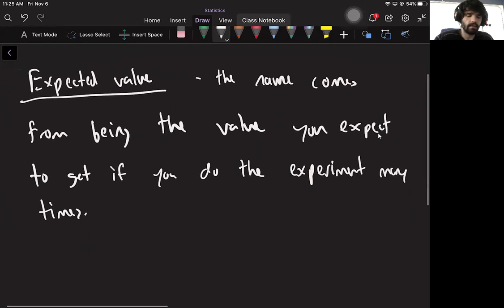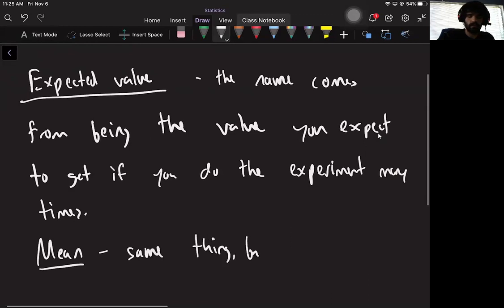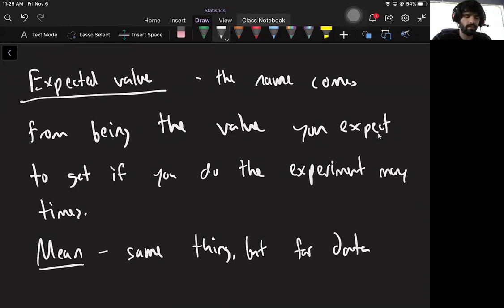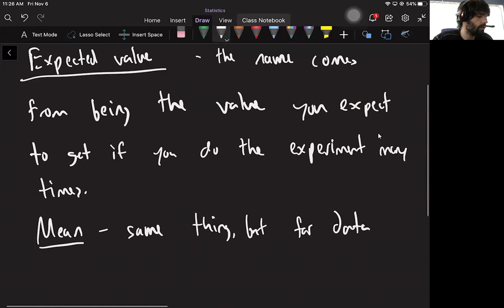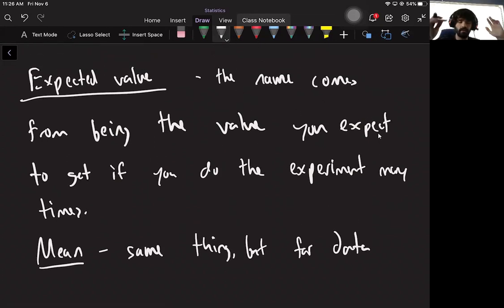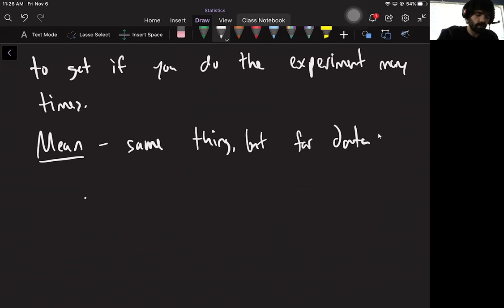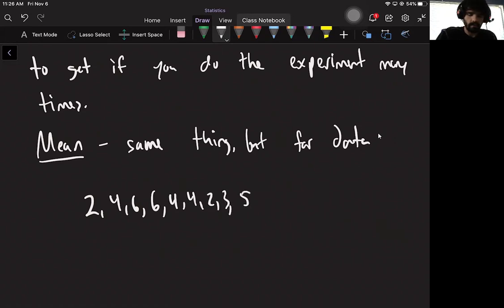And the mean is really the same thing, but for data. In the last example I did in the previous video, we had these data points: 2, 4, 6, 6, 4, 4, 2, 3, 5, and 5.